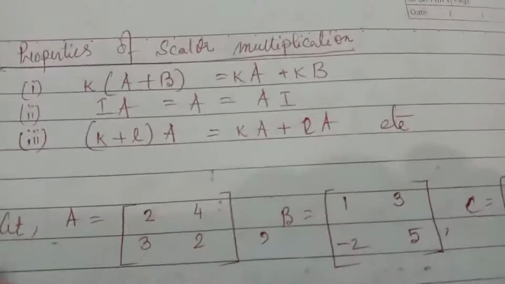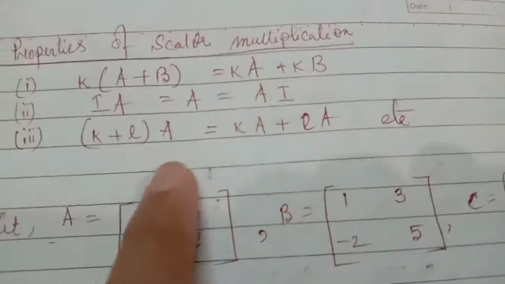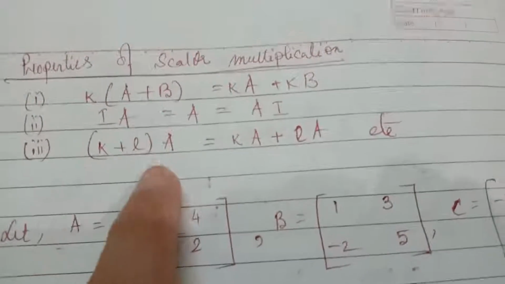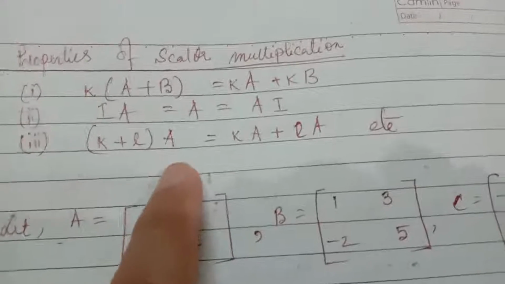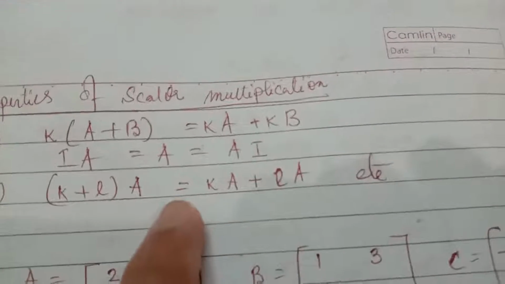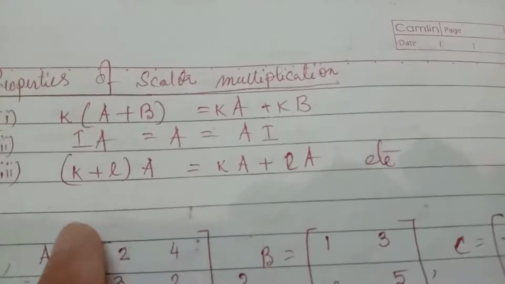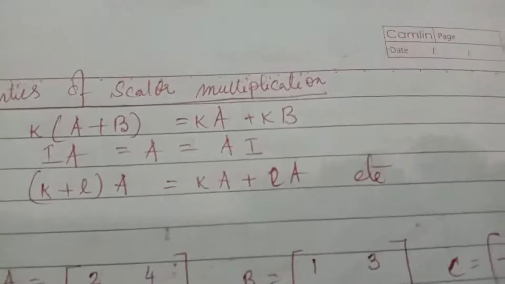A into I is equal to A. And K plus L, where K and L are scalars, K plus L into A is equal to K into A plus L into A.